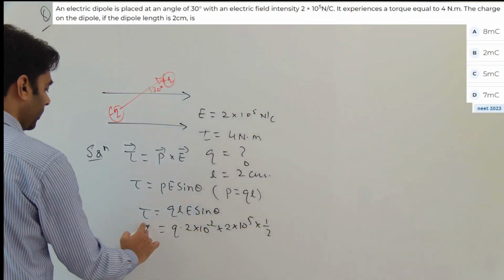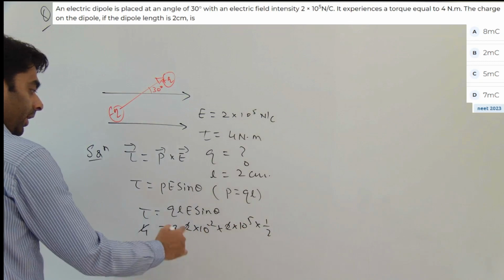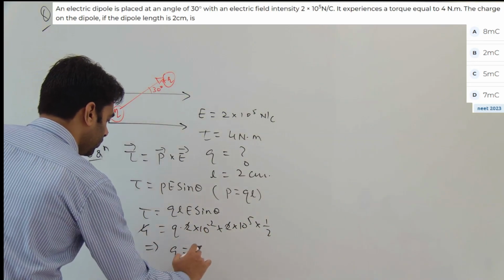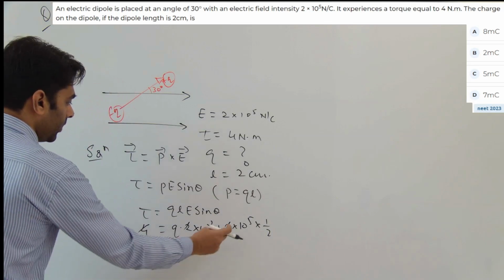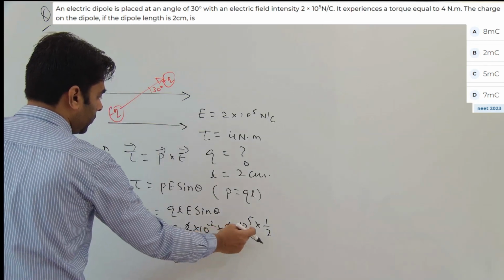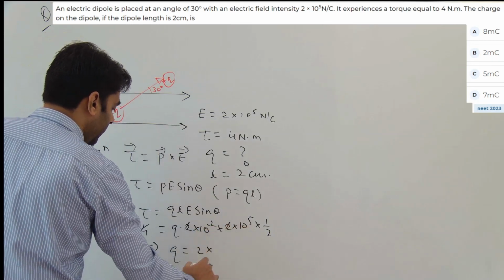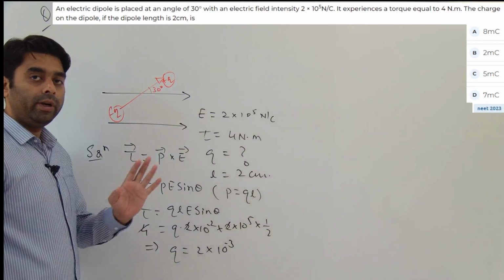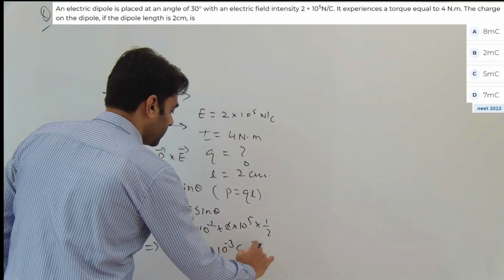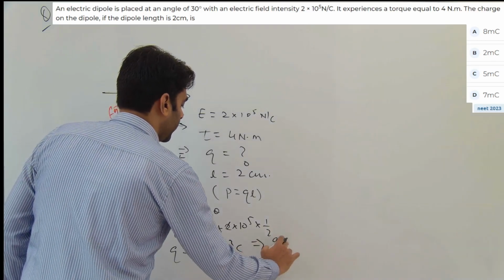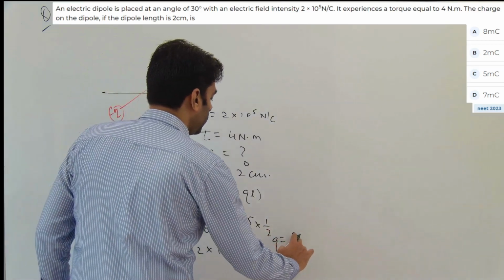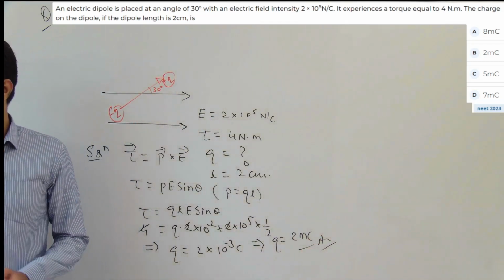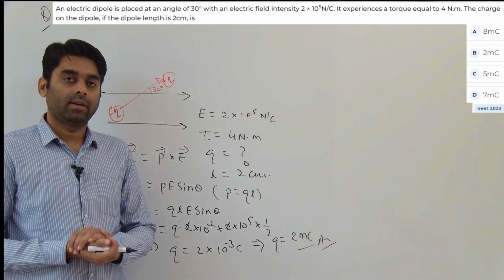So the 4 cancels out, and ultimately Q will be equal to 2 into 10 power minus 3 coulomb, which we can write as Q equals 2 millicoulomb. So option B is our correct answer.